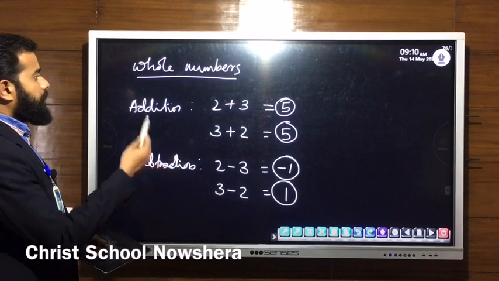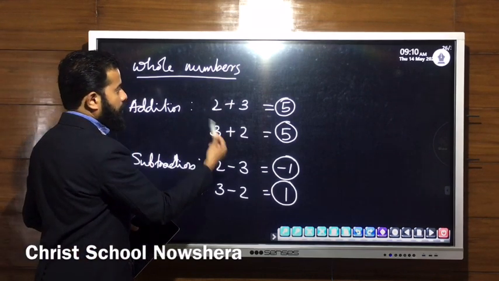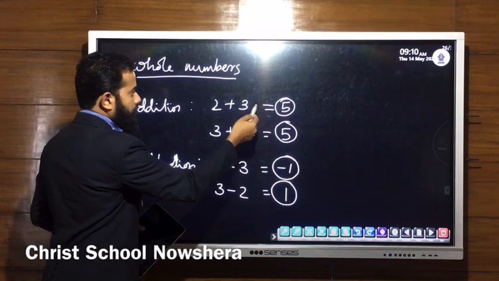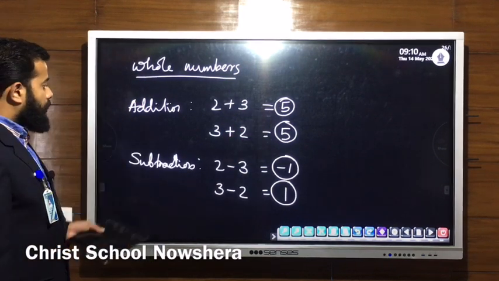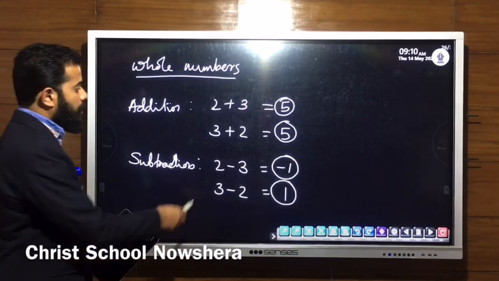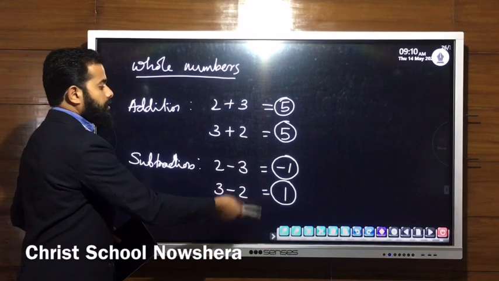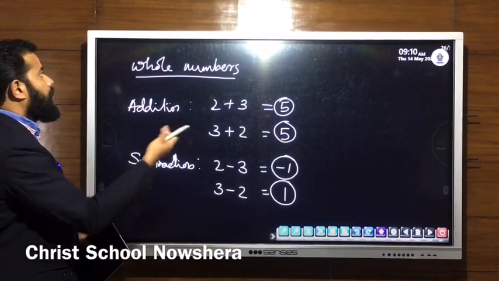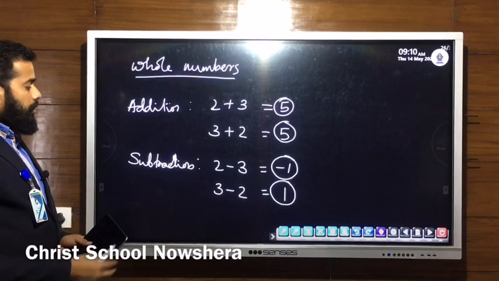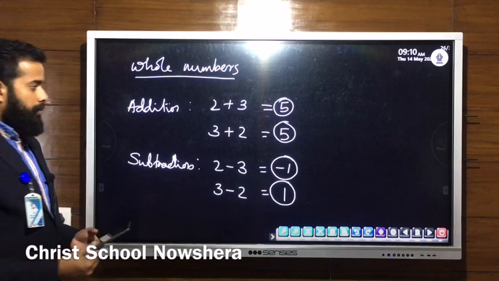Addition: 2 plus 3 is 5, 3 plus 2 is 5. Whatever changes we have made, the result remains the same in addition, but in subtraction there is a change. 2 minus 3 equals minus 1, but 3 minus 2 equals 1. Results are not same, so subtraction is not holding the commutative property in the case of whole numbers.